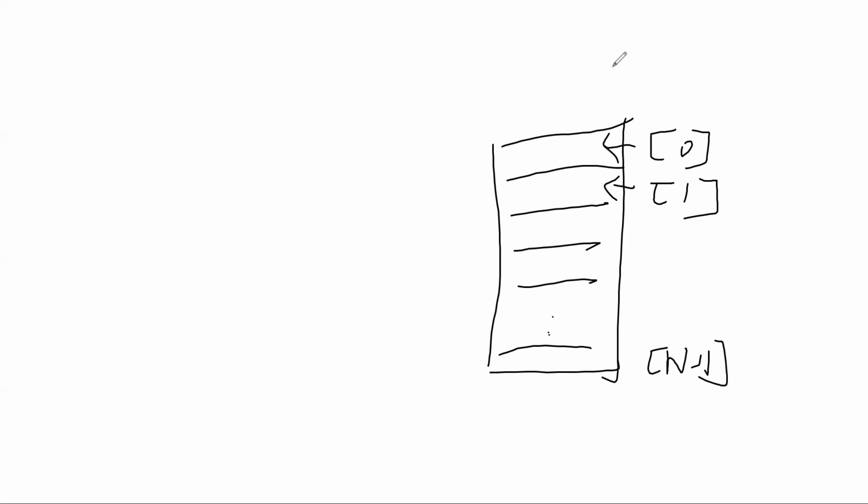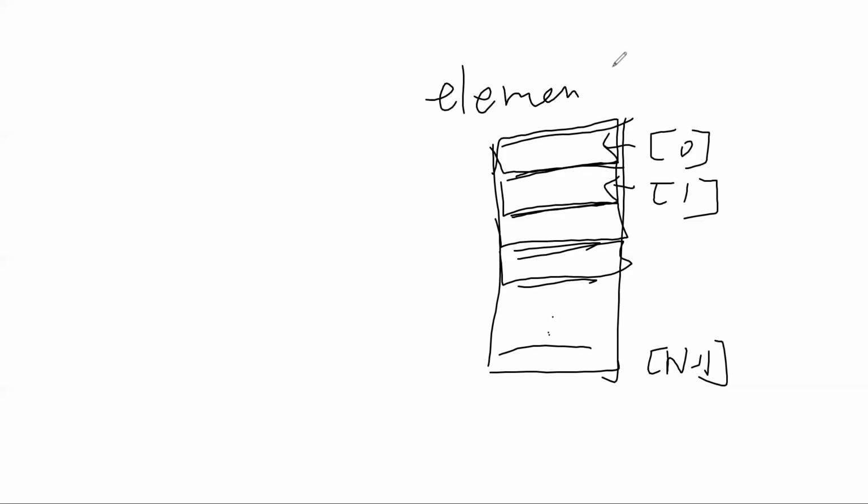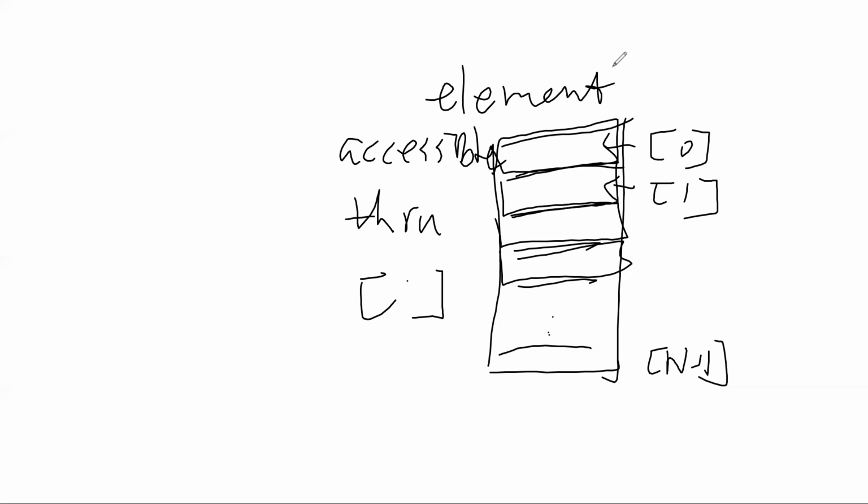So you know every single element, and the elements are accessible through the index. You can directly access any element using the index. So that's the concept of an array.